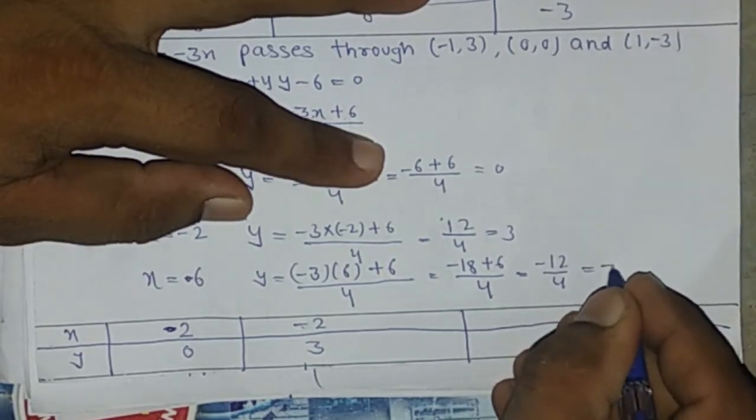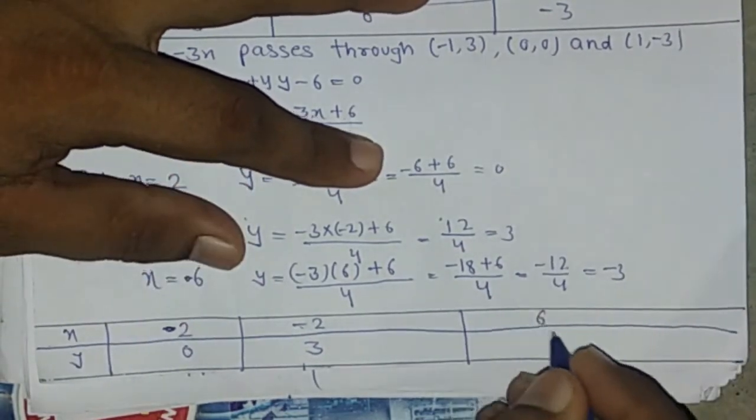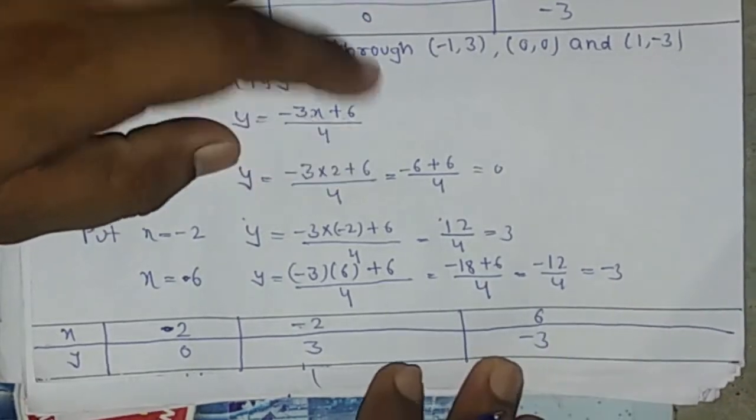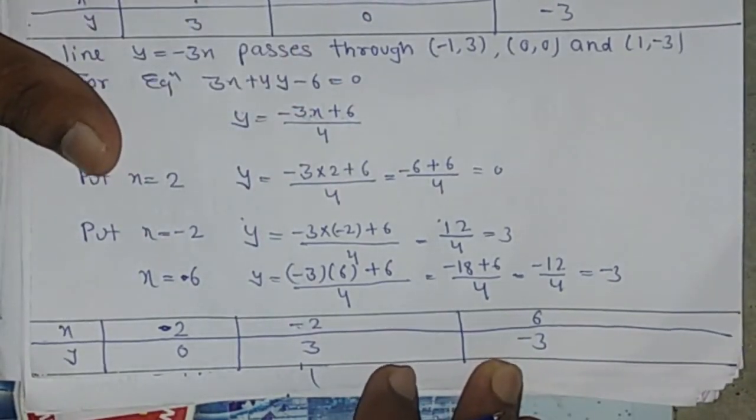Value of y equal minus 3. When x equals 6, y equal minus 3. Now put these values on graph paper.